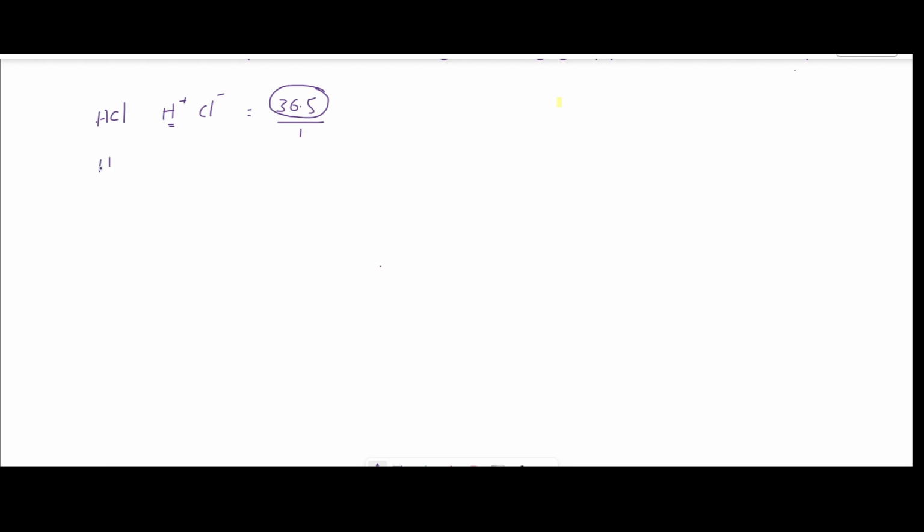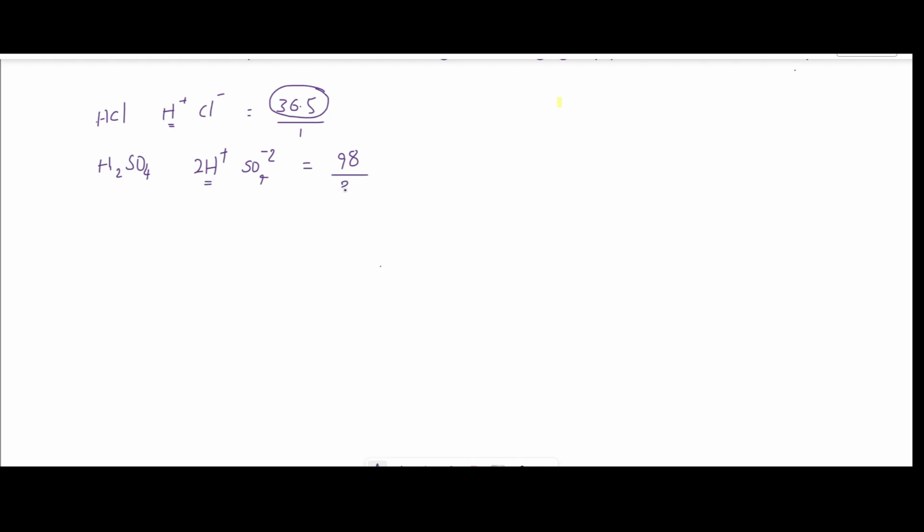Then again you can calculate for H2SO4. Here how is it going to dissociate? 2H plus and SO4 minus 2, right? So when you calculate equivalent mass of this acid, what is the molecular mass of H2SO4? 98, right? 98 divided by number of H plus ions.